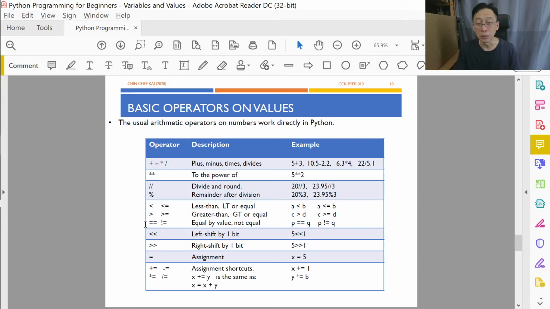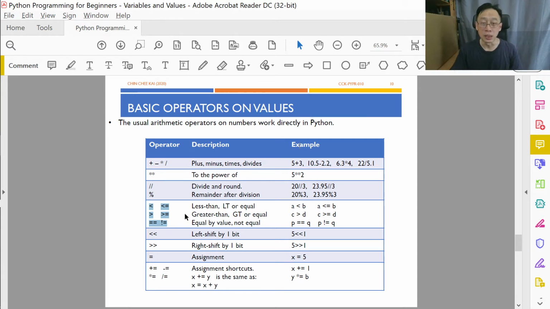So it is less than equal, greater equal, double equal means is it the same value or not, versus exclamation mark equal means is it not the same value. So this is comparison, and these comparators will take two values and then compare. Is it less than, greater than, equal in value or not?